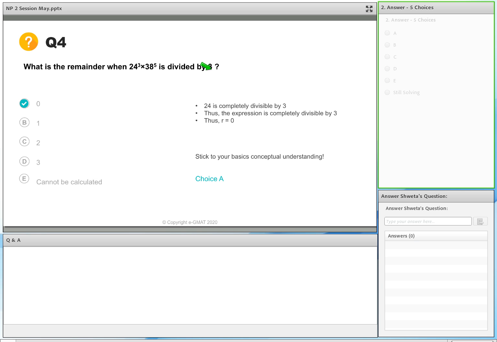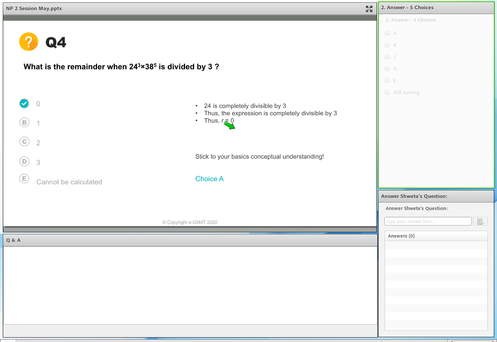Look here now. 24 is divisible by 3, right? So 24 to the power 3 is also going to be divisible by 3. Now, if this expression has one number which is divisible by 3, then obviously the entire product is going to be divisible by 3. And if this is divisible by 3, the remainder is straight away 0.